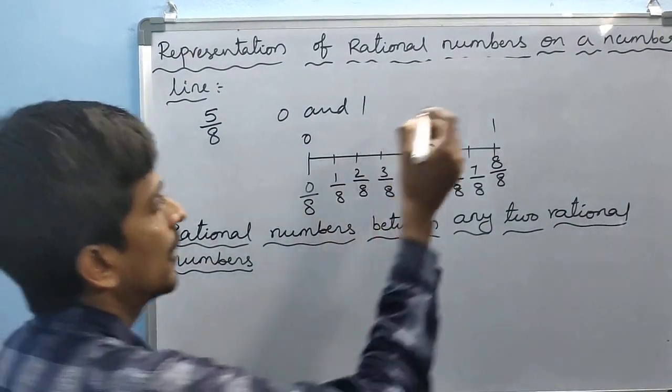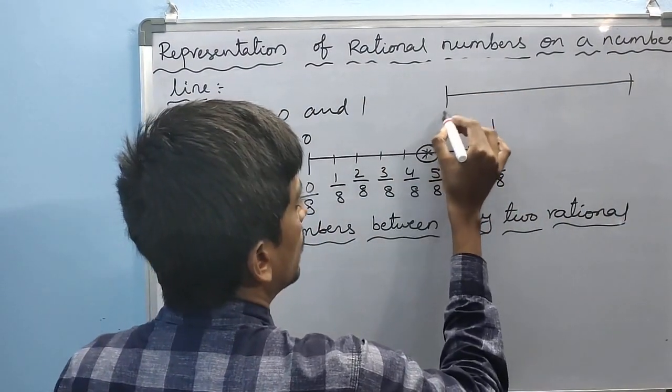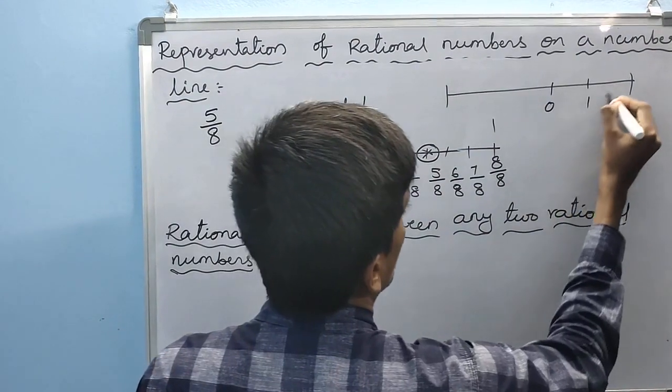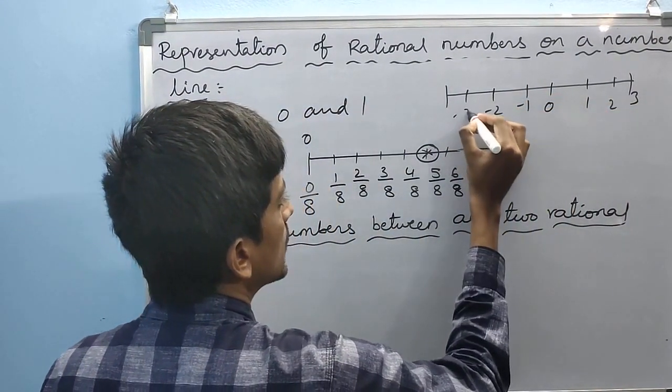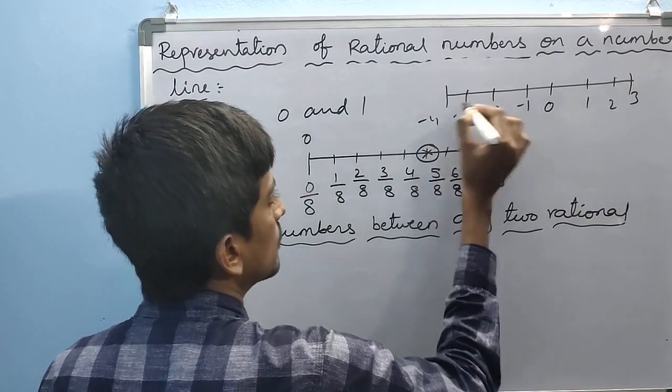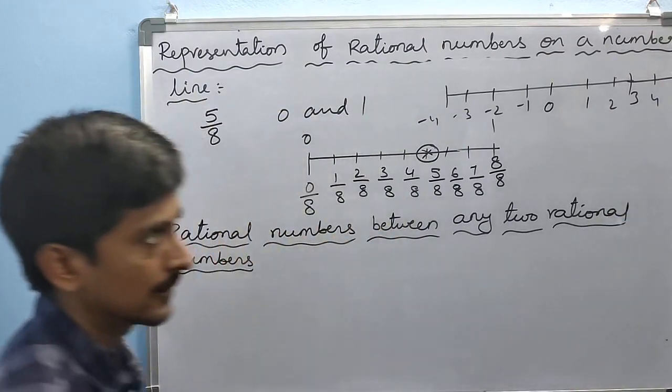For example, 0, 1, 2, 3, -1, -2, -3, -4, 4, 5 like that.